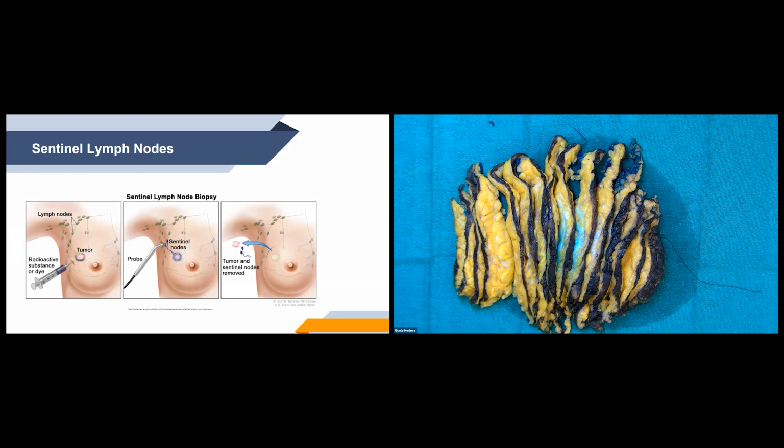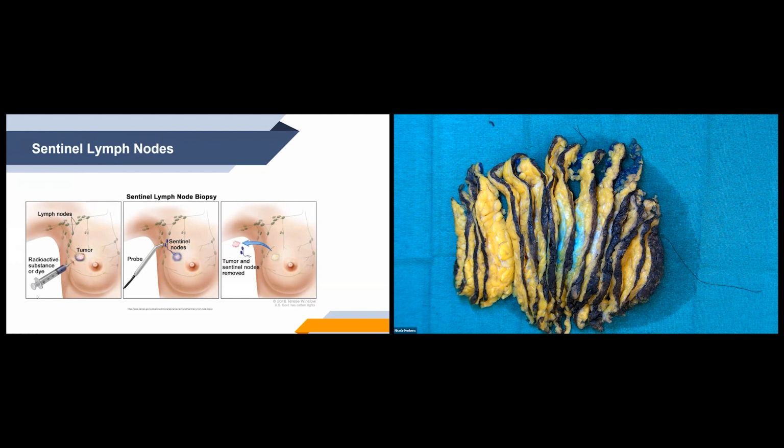We'll also usually get sentinel node biopsies. So sentinel node biopsies are really important to understand if the tumor has spread at all. So they'll insert radioactive substance or dye into the breast and then track to see where that flows into the first draining lymph nodes. Those will be our sentinel node number 1s and so on.